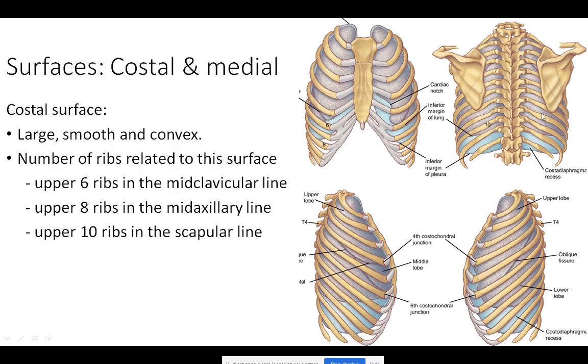Where is the scapular line? Over here posteriorly on the back, the upper 10 ribs are related with the costal surface of the lung posteriorly. Okay, you understood that? Yes, ma'am.